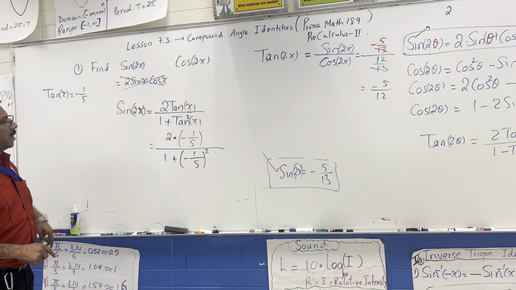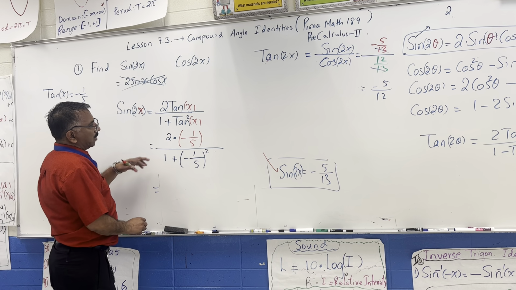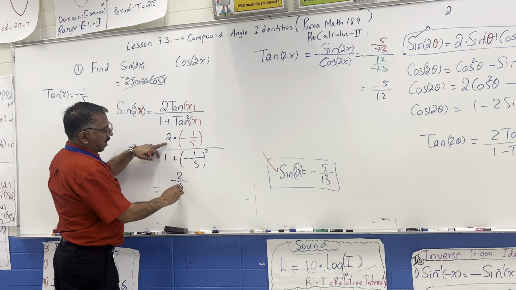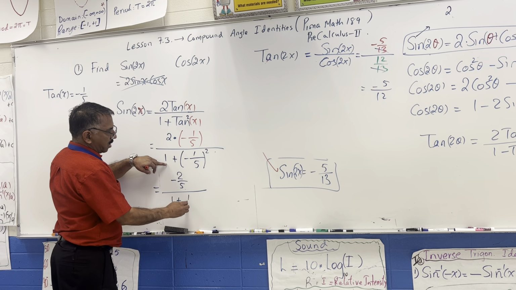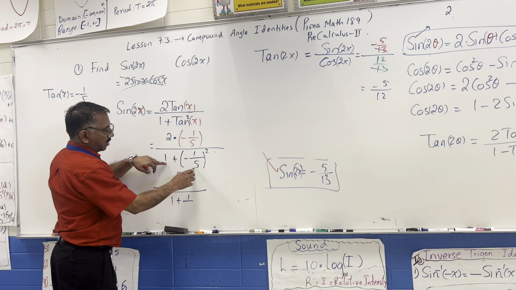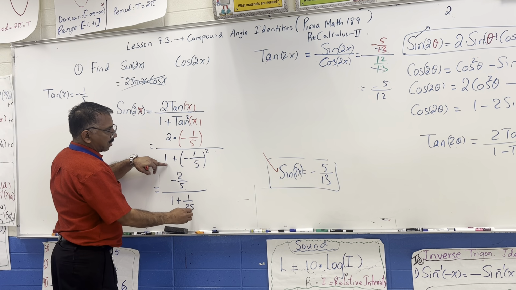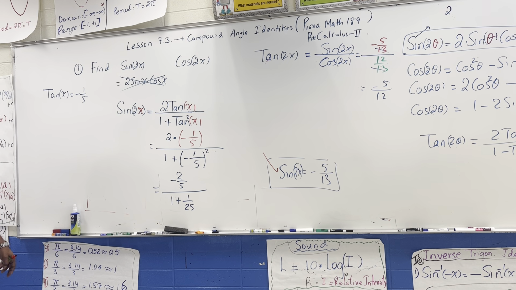So I plug it in and then this will be minus 2 over 5, and this will be 1 plus, minus minus plus, 1 times 1, and 25, what is that? 25? Ah, 1.